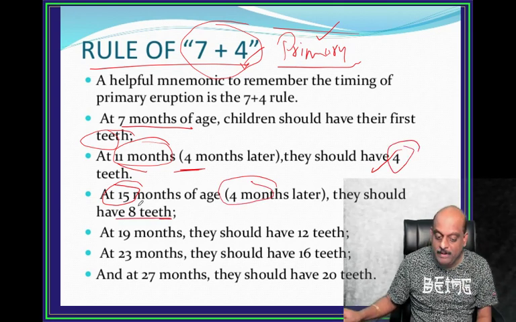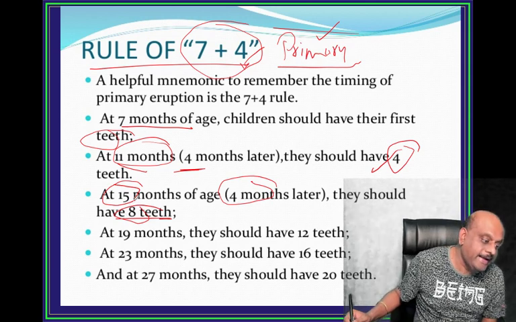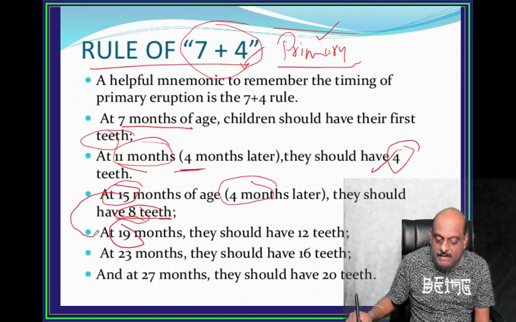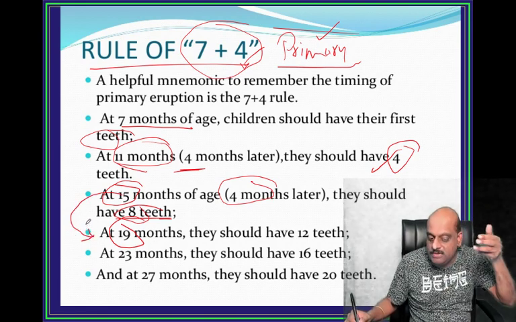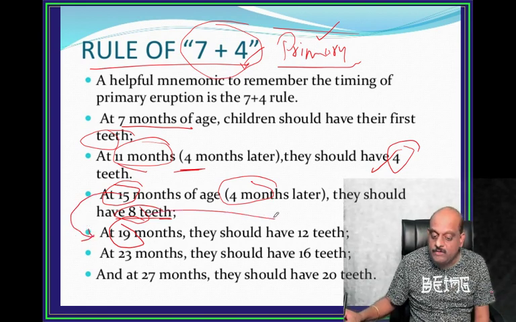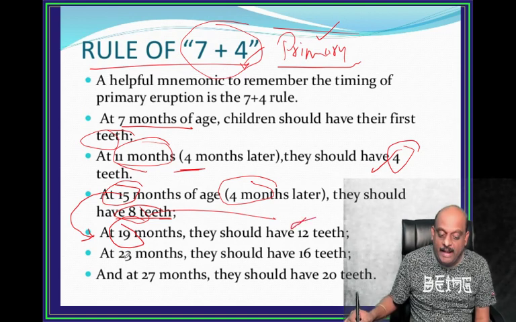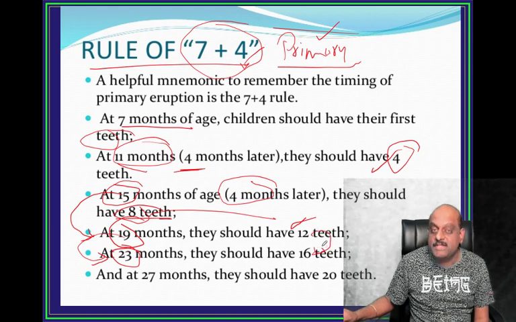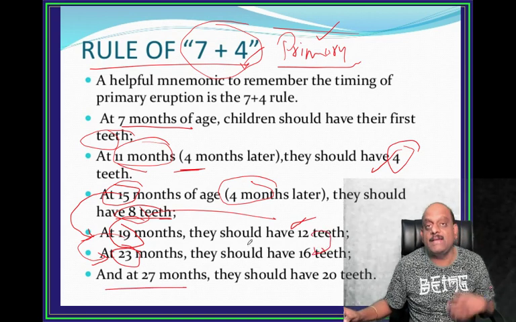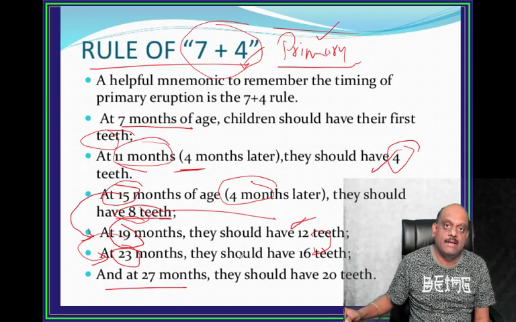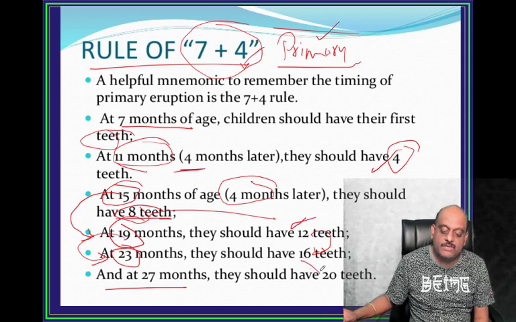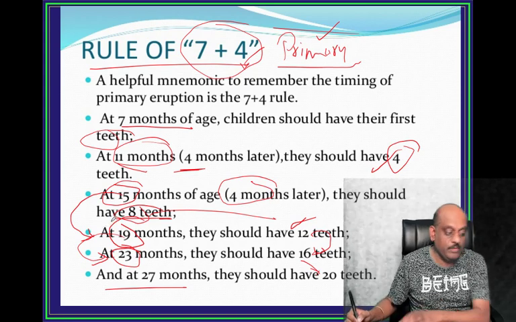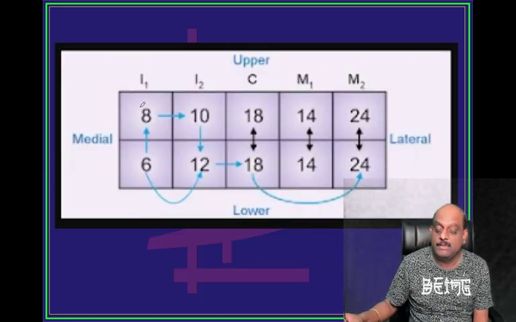At 19 months, 15 plus 4, they should have 12 teeth. At 23 months, they should have 16 teeth. And at 27 months, 16 plus 4, 20 teeth is what you have to remember.